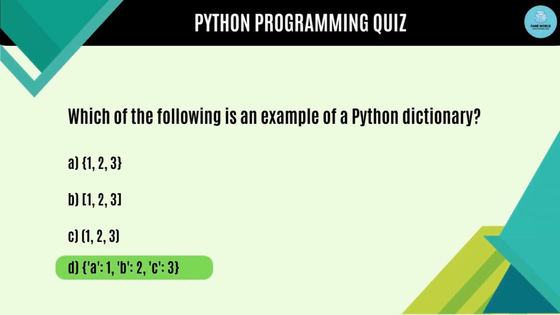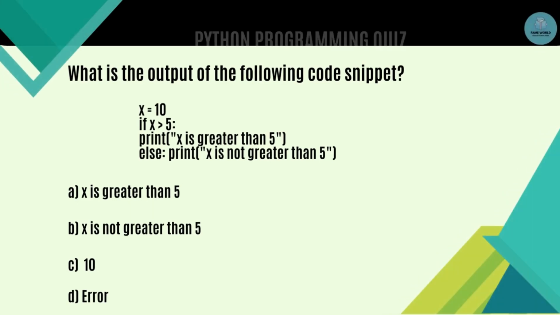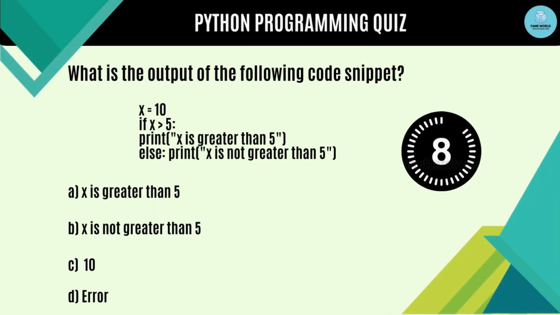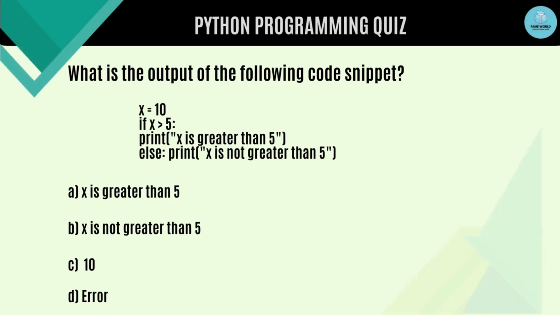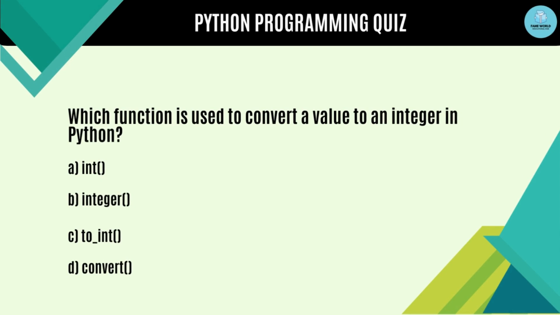What is the output of the following code snippet? Which function is used to convert a value to integer in Python?